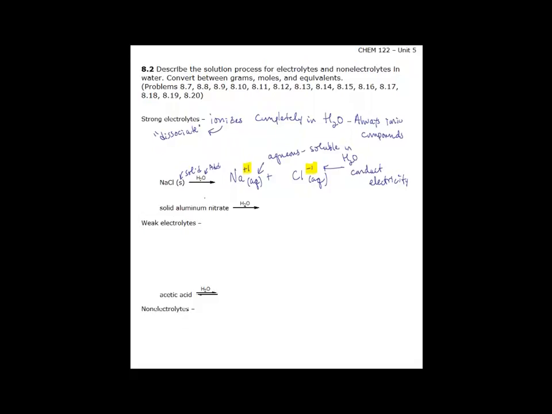All right, think about this for a second. Aluminum has a +3 charge, and nitrate is NO3 -1. So the formula for aluminum nitrate would be Al(NO3)3, and then salt. All right, so this is an ionic compound. When you put it in water, it's going to break apart. So it's going to break into its ions.